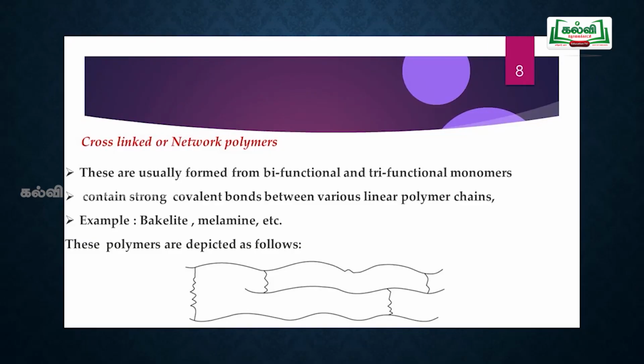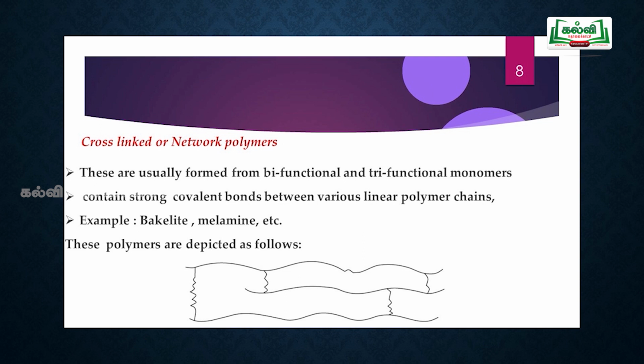polymers. See, one linear chain, another linear chain, and a cross-link formed between the polymer chains is called a cross-linked polymer. They are also called network polymers. This is very important. These polymers are usually formed by bifunctional or trifunctional monomers.